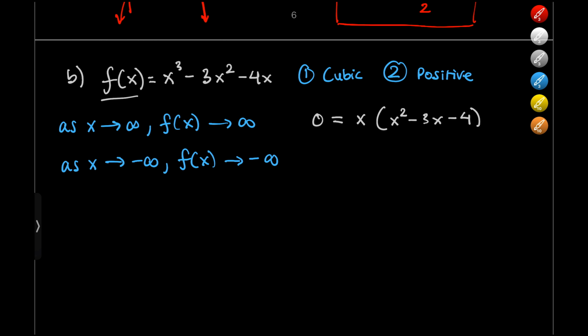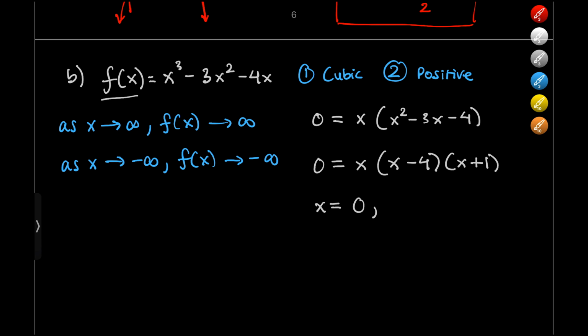And now, simplifying this out, this is going to be x minus 4 and x plus 1. Okay. So now when you're solving for the zeros, we see that x is equal to 0, negative 1, and 4.